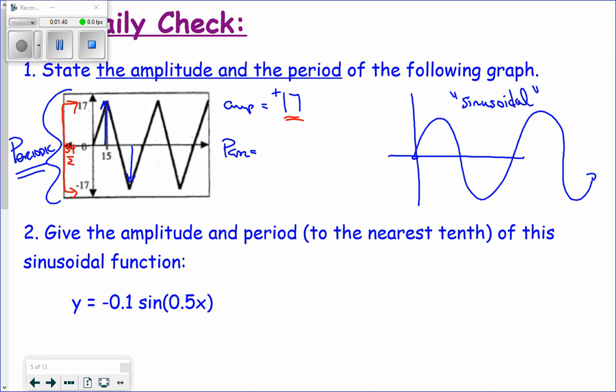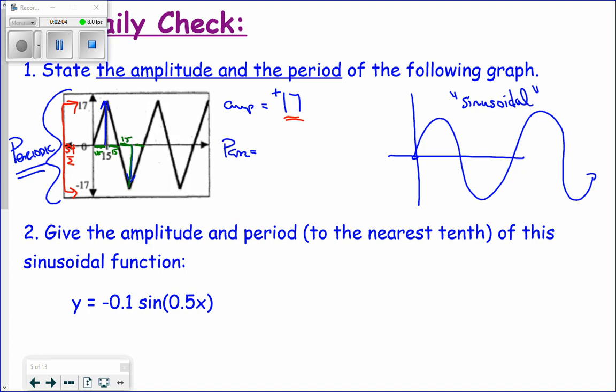Okay, so period is the length of the pattern. From here to here took, let's just say, 15 seconds. So how far should it take from here to here? Another 15. And then from here to here?